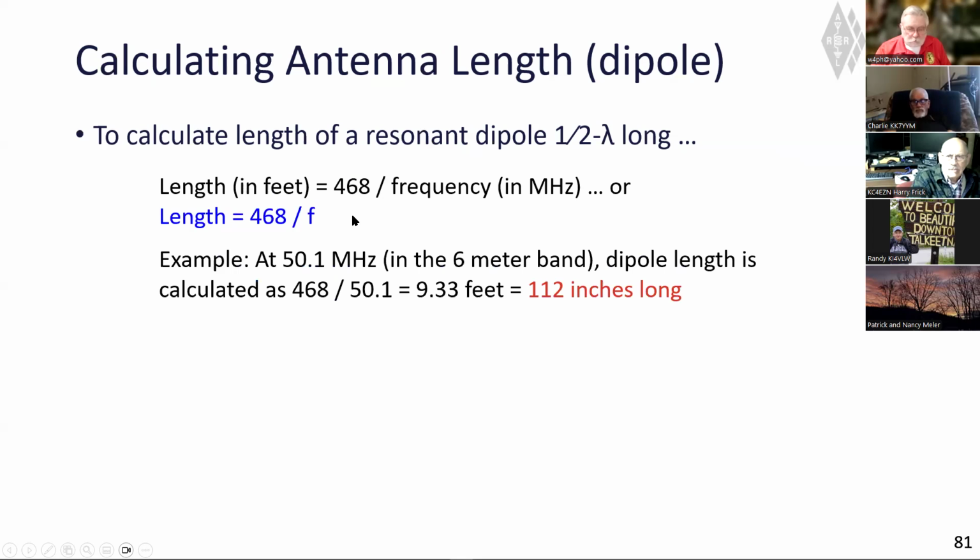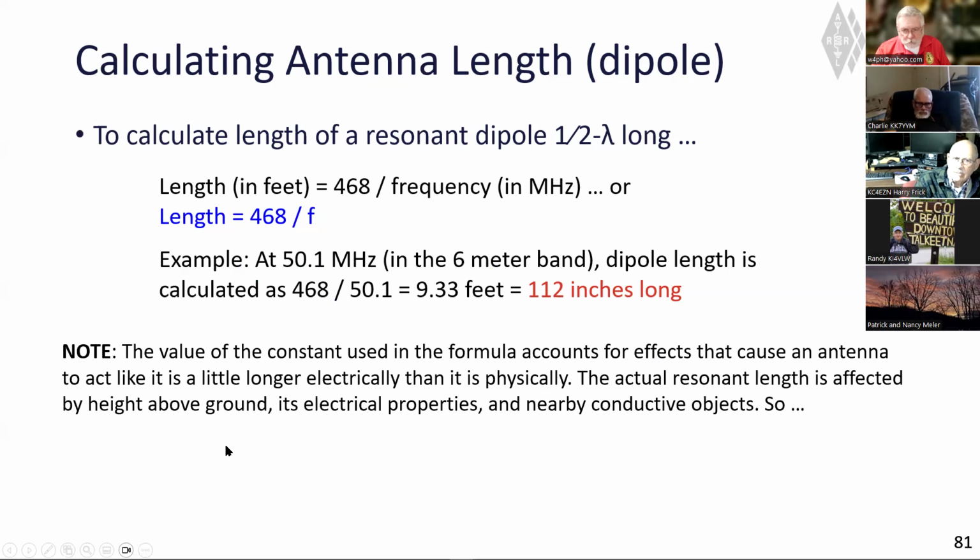That gives you the wavelength in meters, and then you divide that by 2 to get a half wavelength. Example, at 50.1 megahertz in the 6-meter band, dipole length is calculated as 468 divided by 50.1 equals 9.33 feet, or 112 inches.